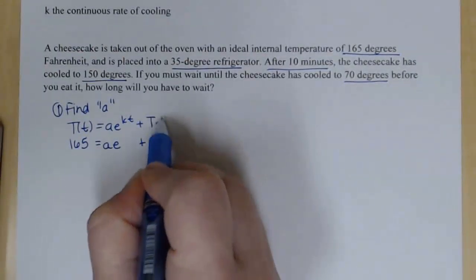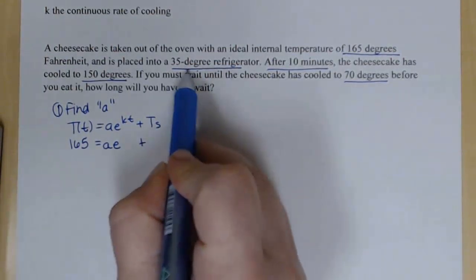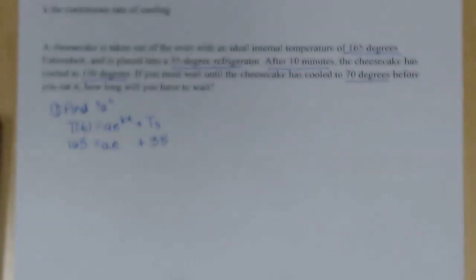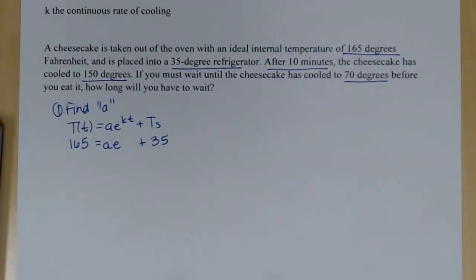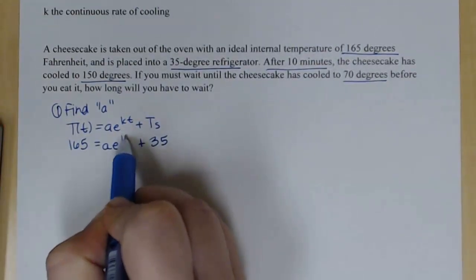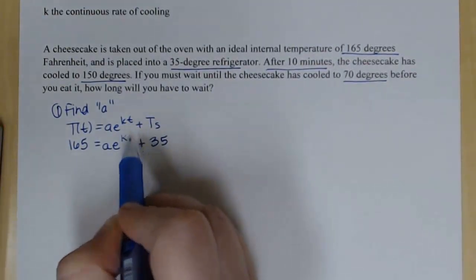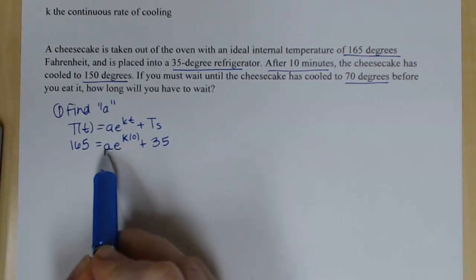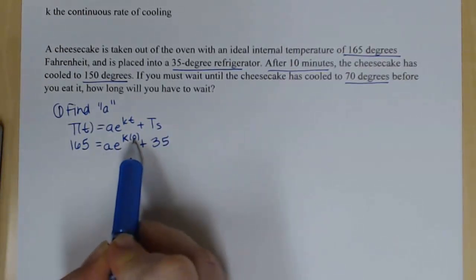Plus, T sub S is my surrounding temperature, and it's going in a 35-degree refrigerator. So 35 is going to go over here. The first thing that I know is that K, I'm not real sure of, but when we start all this, our time is going to be 0. And so although I have two variables here, you'll notice that k times 0 is 0.